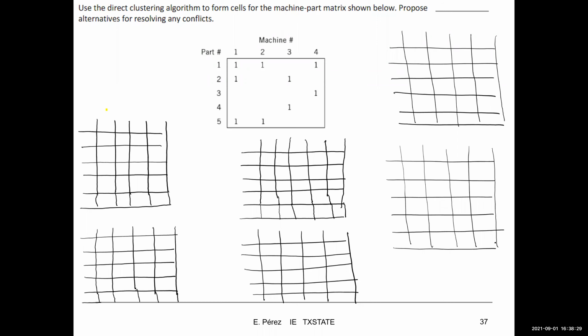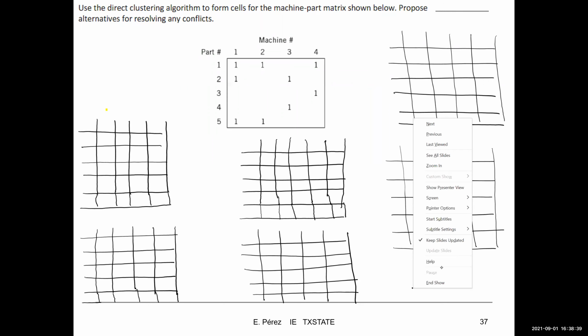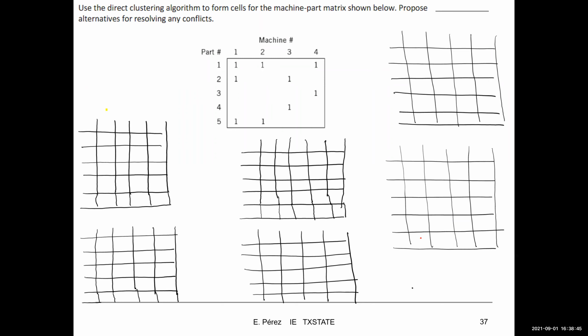Okay, so let's try to solve this. So we're gonna start with the summation for each column and each row. So here we have 3, 2, 1, 1, and 2.